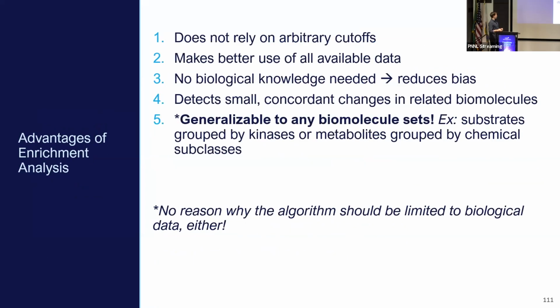So as we talked about, one of the benefits of enrichment analysis is that it doesn't rely on an arbitrary cutoff, so you can make full use of your data. The other thing is you don't really need biological knowledge. This is also true of ORA, but we're making use of existing biological knowledge.